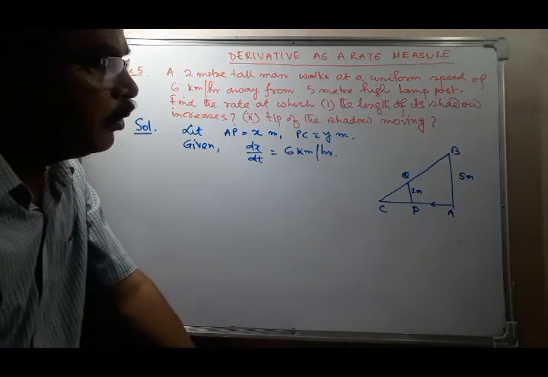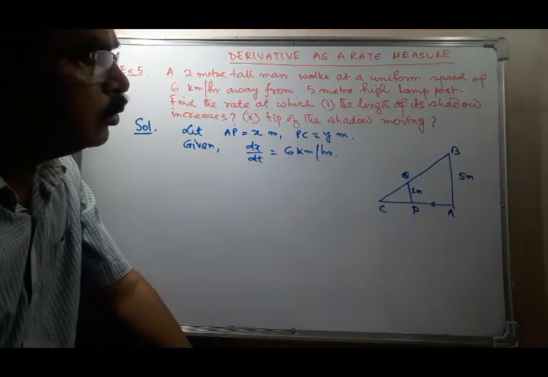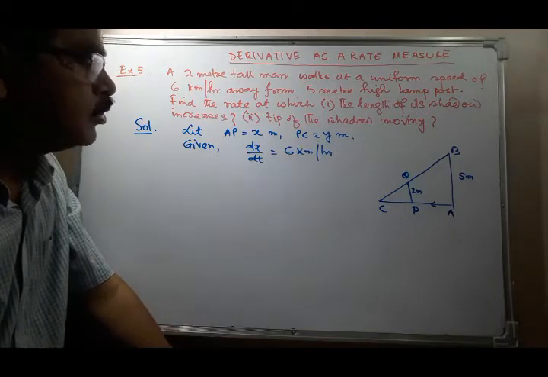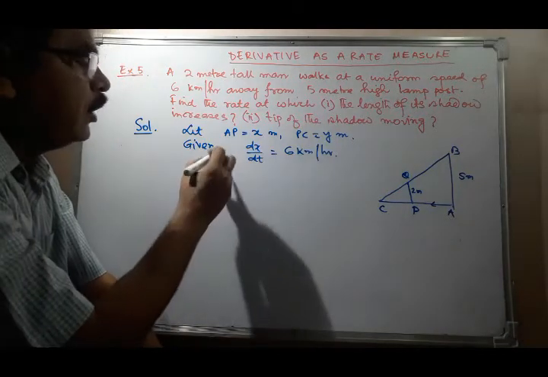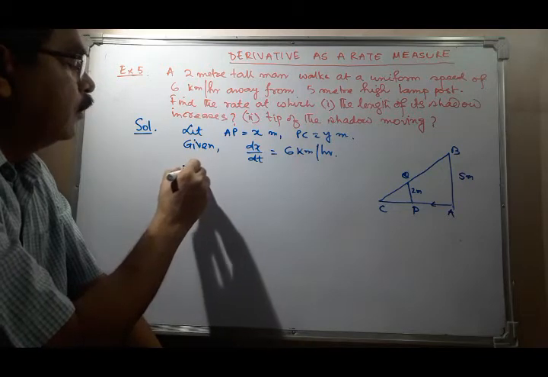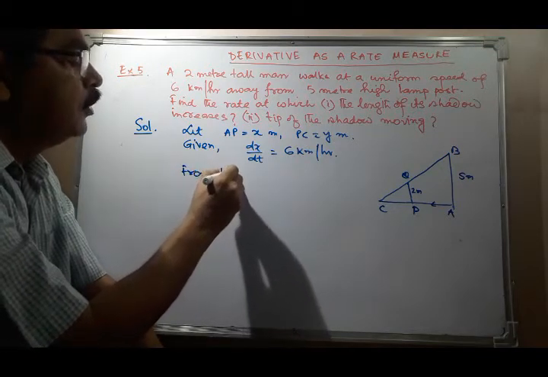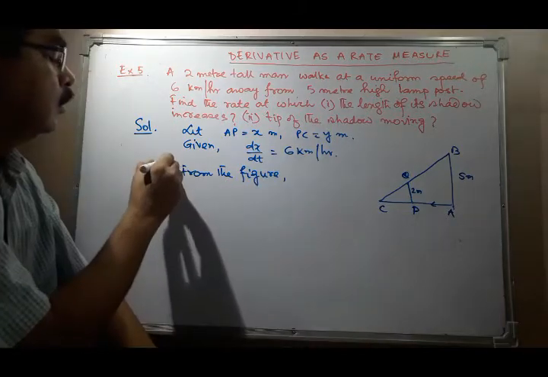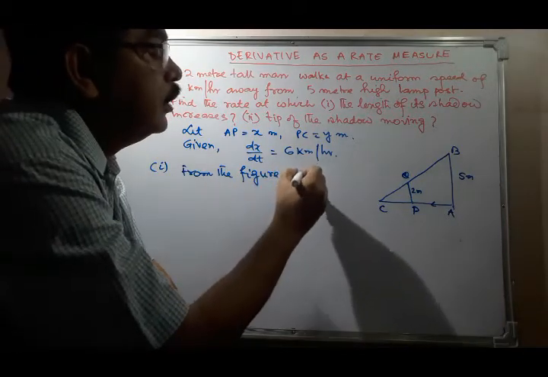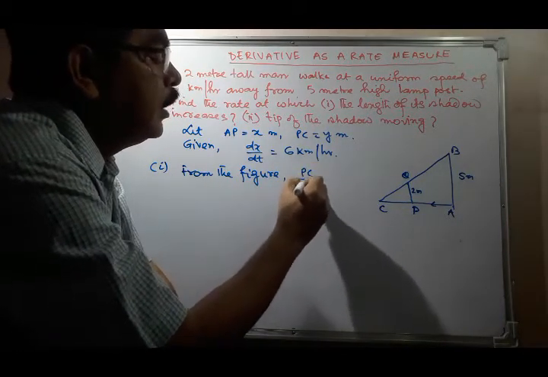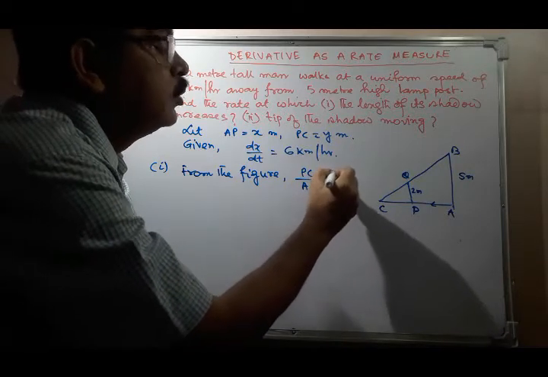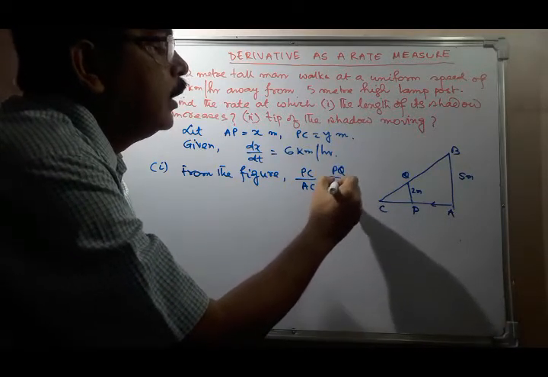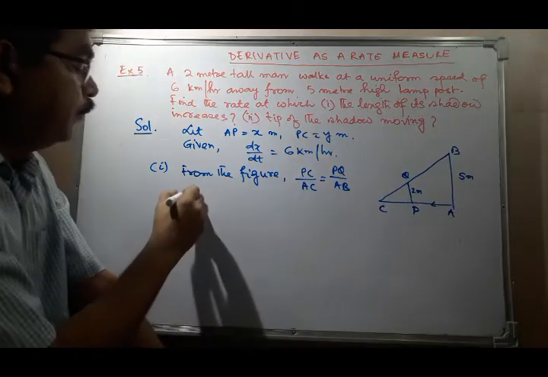So clearly from the figure there are two similar triangles. Therefore sides are proportional. So then what can we write? From the figure, PC by AC equals PQ by AB.